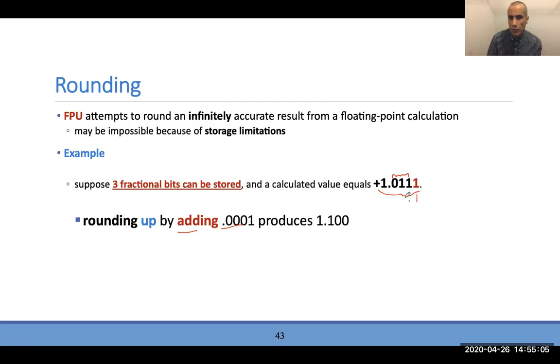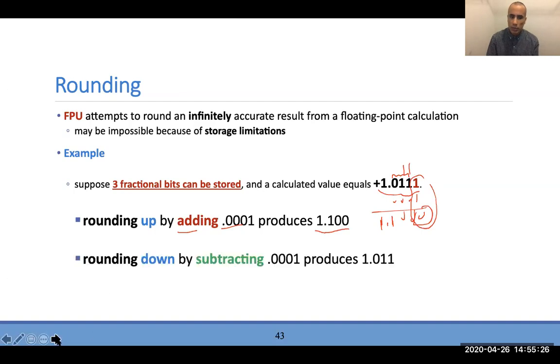So this is 1 and a 1, 0 and a 1, 1 and a 1, 0 and a 1. And this is going to be what? 1.100, and this 0 is going to be rounded. So this one is already being rounded.